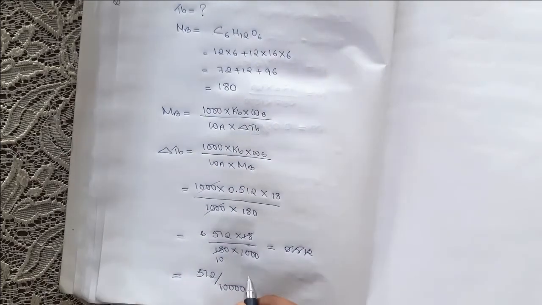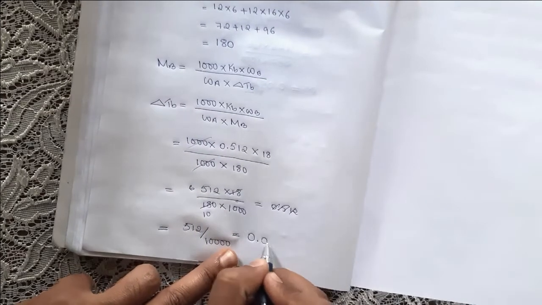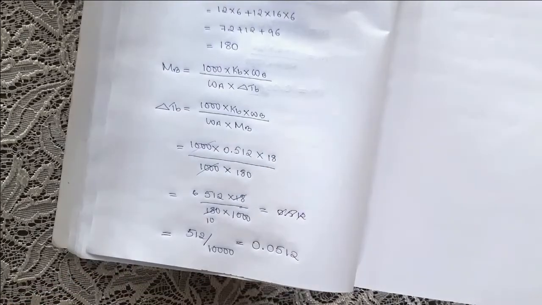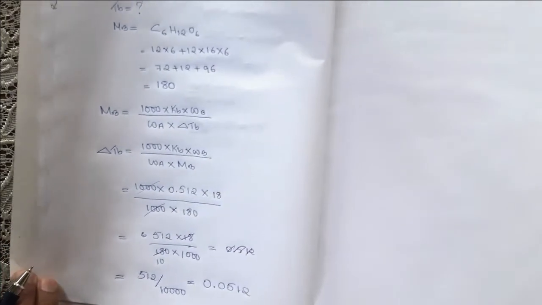So our value will be 0.0512. So that will be our delta TB. So our delta TB will be 0.0512. So now we shall find TB.